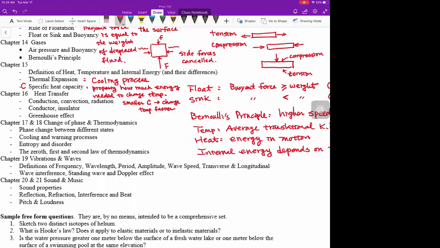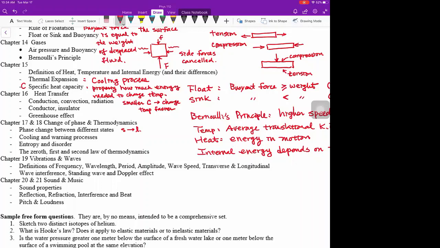After the heat transfer, we talk about the change of the phases. We talk about different thermodynamics laws. So what does the change of the phase mean? If you want to change the phase, say for example, from solid to liquid, you need to give energy.